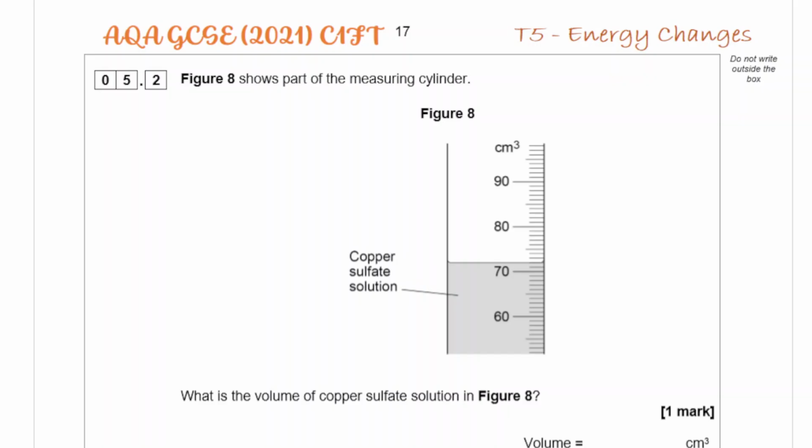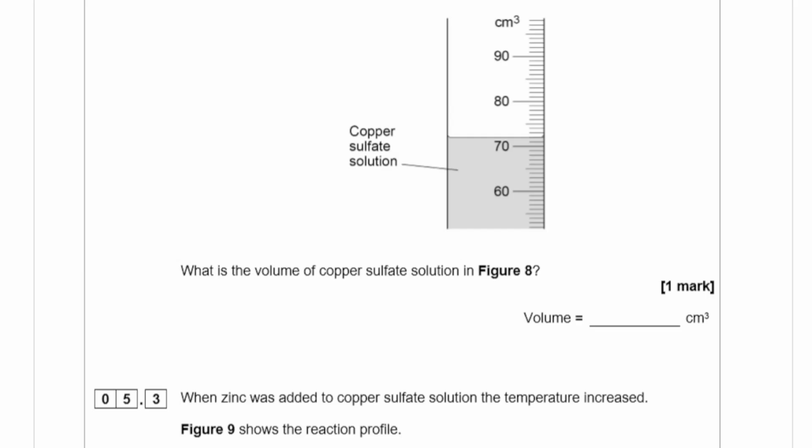Figure 8 shows part of the measuring cylinder. What is the volume of copper sulfate solution in figure 8? So that's 10 divisions between 70 and 80. It's in the second division, so that's 72.